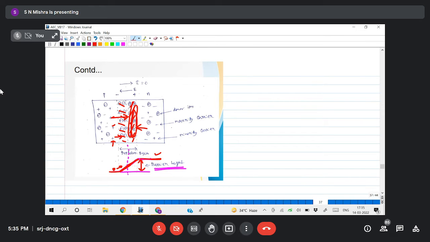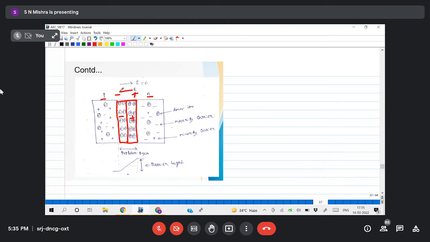So here, the diagram shown represents everything. You can see this is p-type and n-type material. Once the depletion region forms, there are no carriers available in this region, and due to that a positive and negative dipole is created. This is your positive, this is your negative, right?